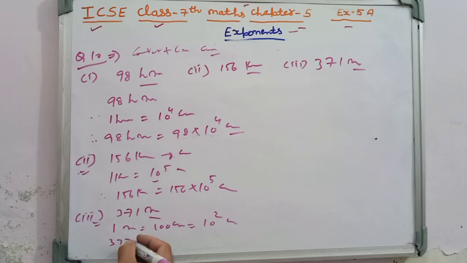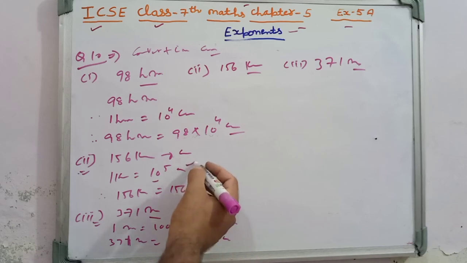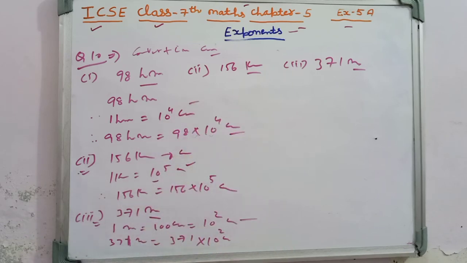So 371 meter will be 371 multiplied by 10 raised to power 2. You have to keep these things in mind. Only then can you do this.